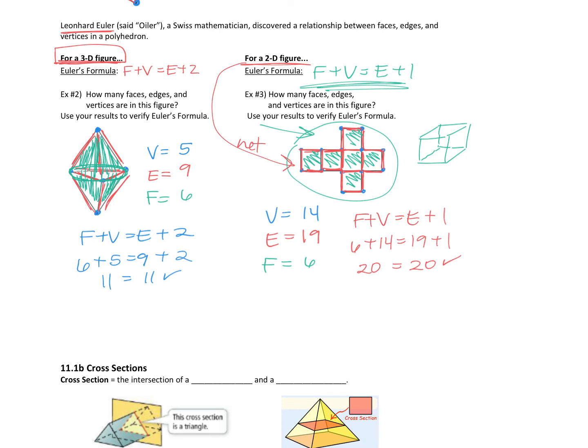For those of you that are in Broadway, it should go fairly quickly. So please take advantage of the time that I'm giving you for today. I was trying to give you plenty of time to get it done in class. So go ahead and pause for now, and then we'll pick up on 11.1b in a few minutes.